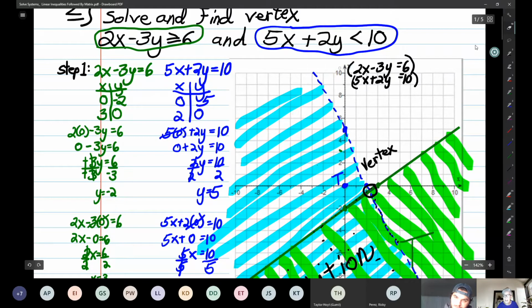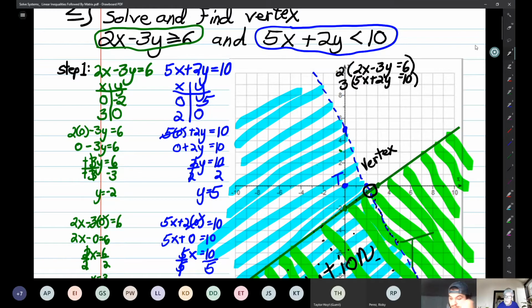I could multiply this line by 2 and this line by 3. 2 times -3 is -6. 3 times 2 is +6. -6 plus +6 is 0. I could zero out my y terms and solve for x. That's what you do with elimination. You eliminate variables. So I'm going to do that.